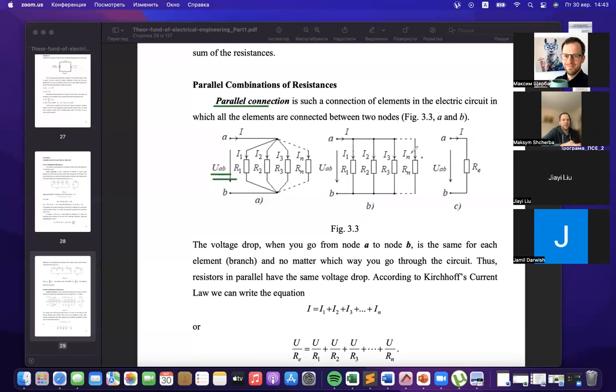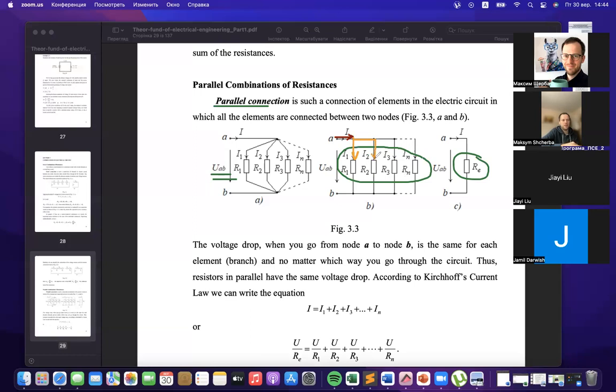And we could replace resistivities with the total one. How could we do it? We could write the Kirchhoff current law, that the total current that inflows will equal the total currents that outflow.